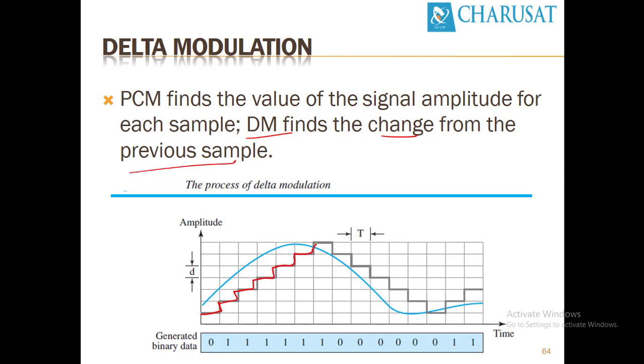So it follows a staircase. Here, it encounters that the next value is lower than the previous voltage, so it goes down. So it follows the staircase method. This records only the delta of the current signal with respect to the previous signal, whether it is going up or going down.